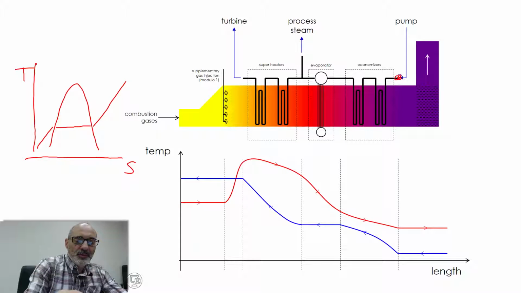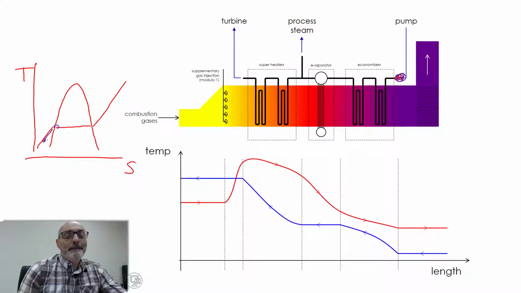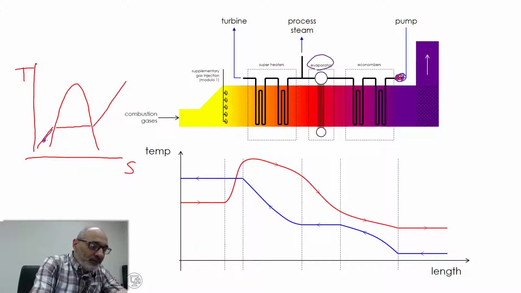This point here is roughly here. Then at the economizer you heat from here to here, so you have compressed liquid water. In the evaporator, as the name says, you evaporate, so you come here.